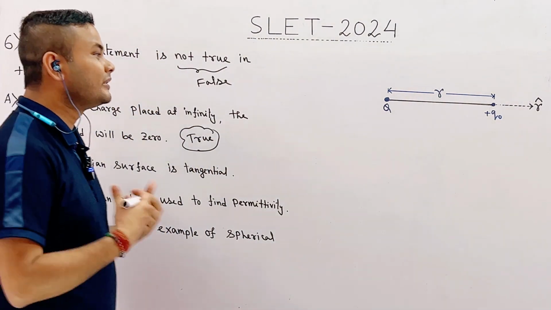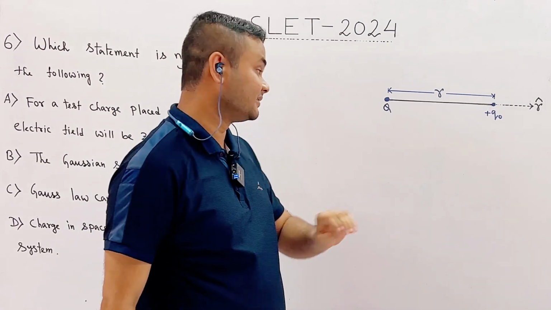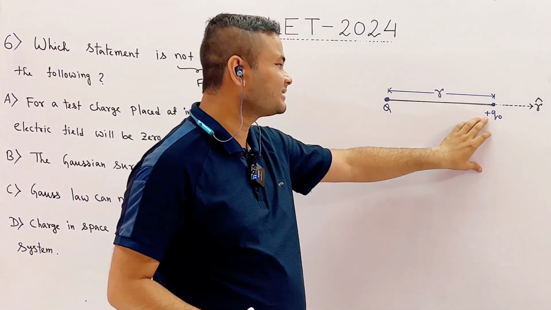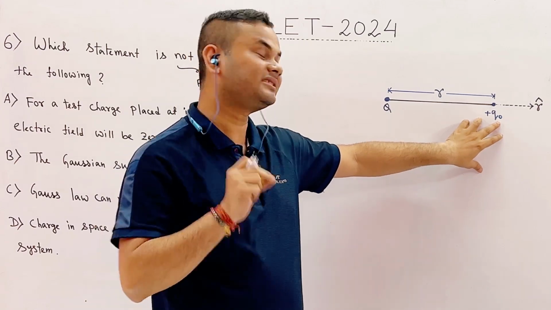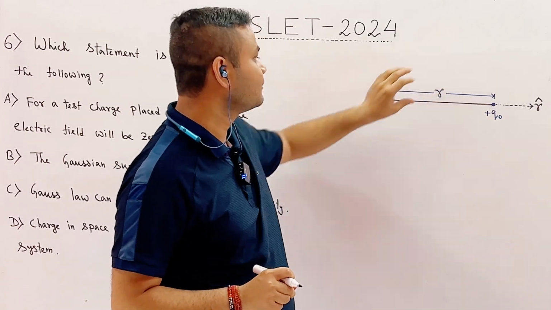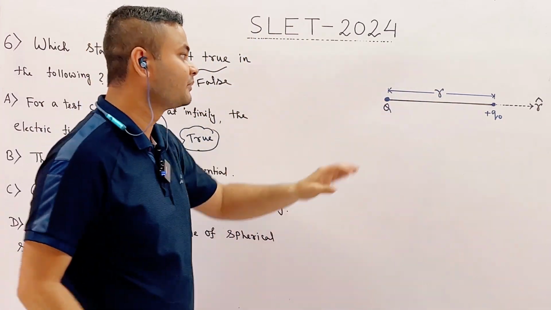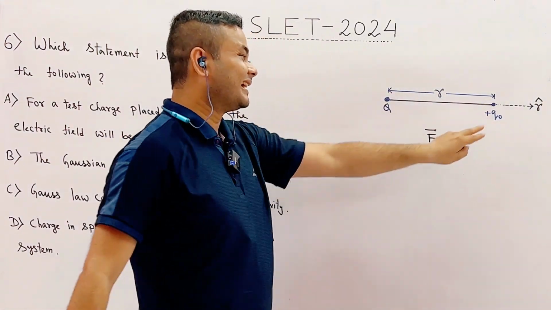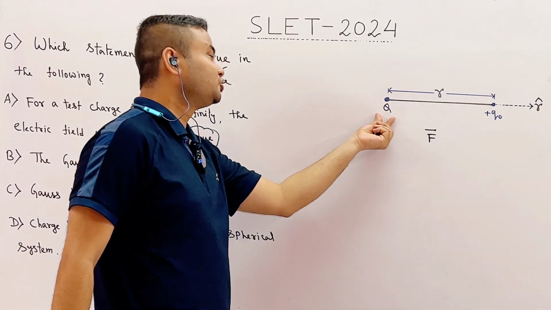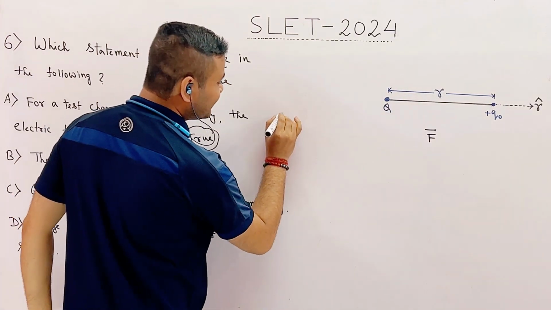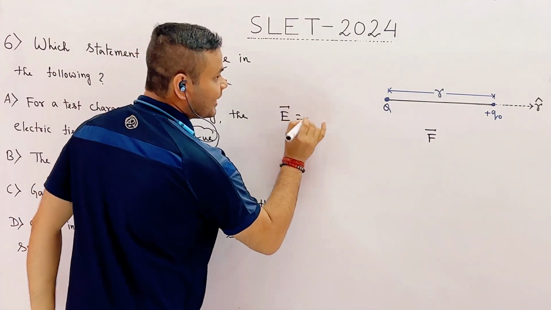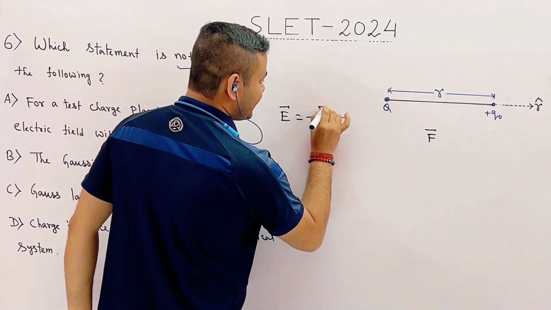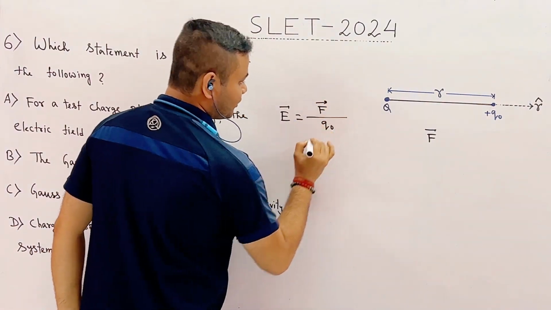Students, suppose we have a system of 2 charges. Plus capital Q is the primary source charge and plus small q naught is the test charge placed at a distance r from the primary source charge. If F is the force experienced by this test charge due to the primary source charge, then according to the definition, electric field at test charge q naught is defined as F divided by q naught.